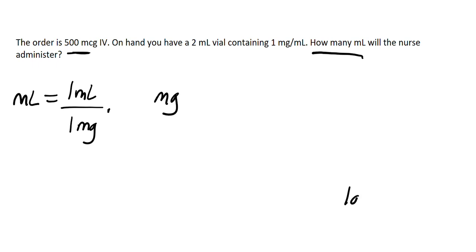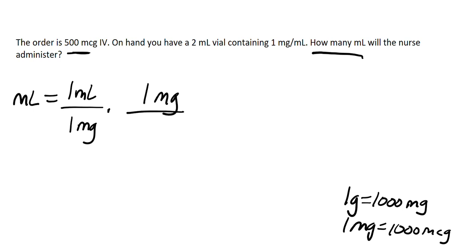We know our conversions, and 1 milligram equals 1,000 mics. So we plug that right in. Now we can plug in our 500 mics. Mics cancel, milligrams cancel.